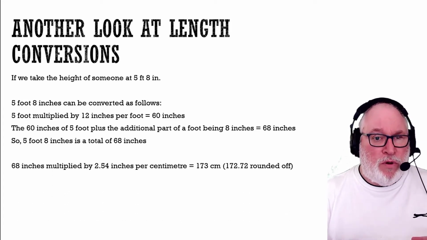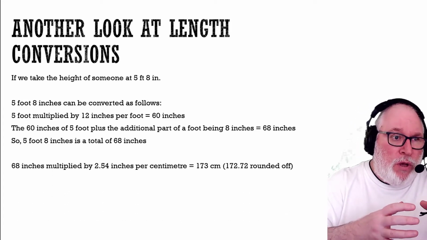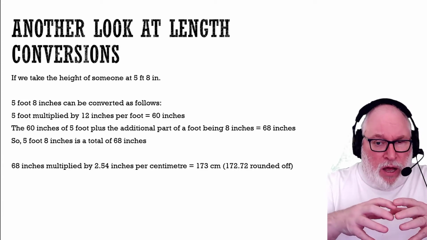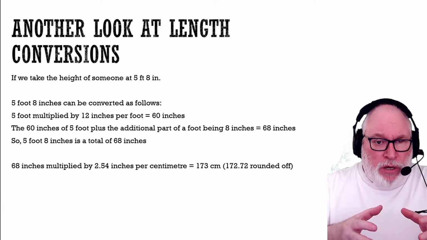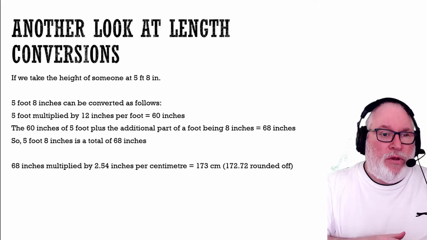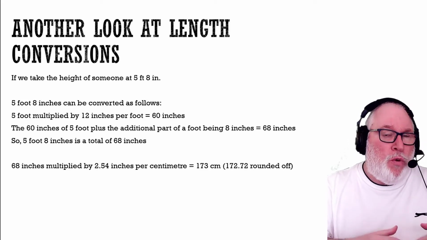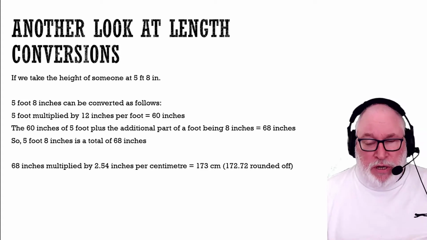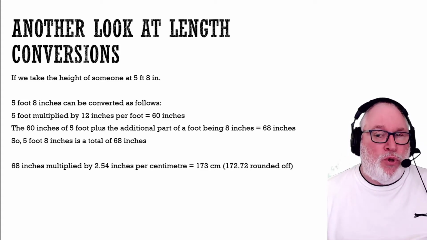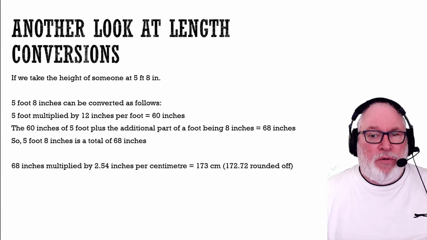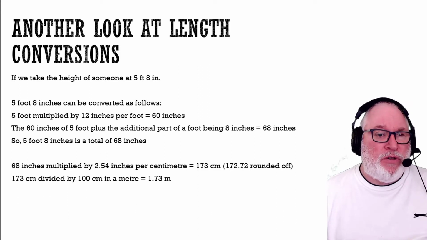The first thing we did was get into one unit to allow us then to take it forward. So 60 inches into centimetres would be multiplied by 2.54, which gives us 172.72, which we round off to 173 centimetres.